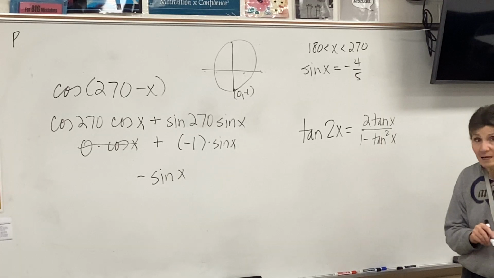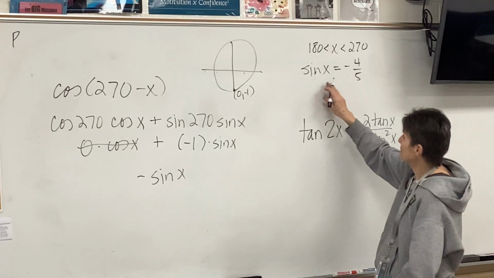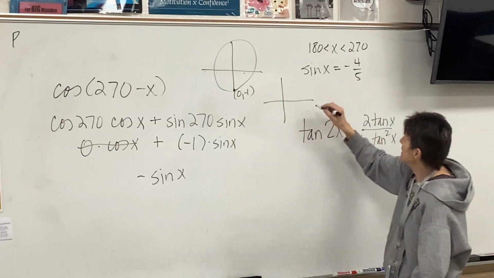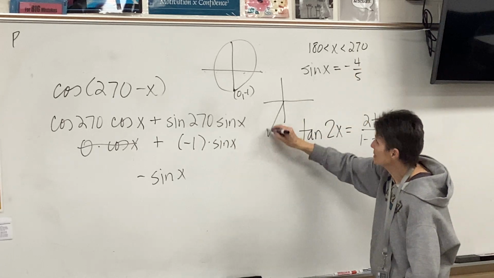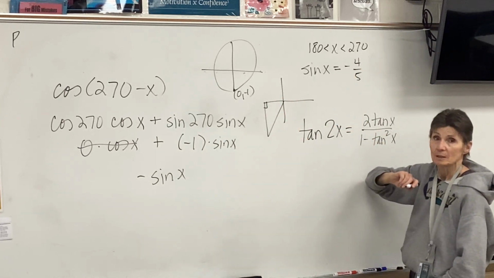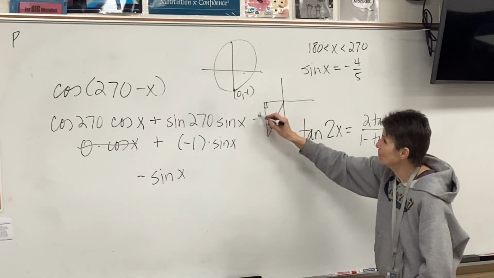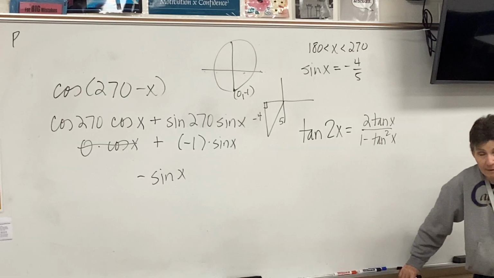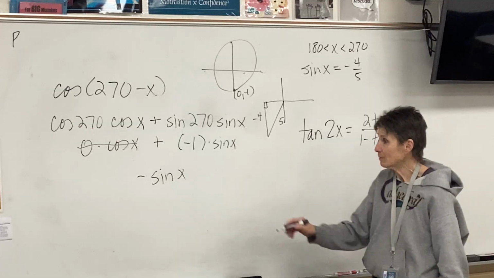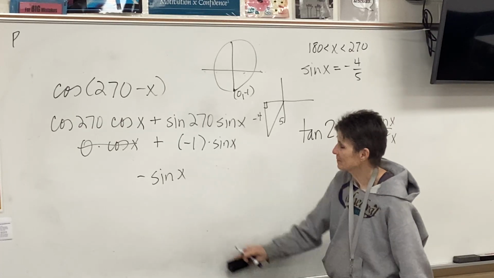Now draw a picture of what you know. You know that the angle is in quadrant 3, 180 to 270. You know that its opposite over hypotenuse is -4/5. We can do the Pythagorean theorem. Oops, I'm giving it away here.